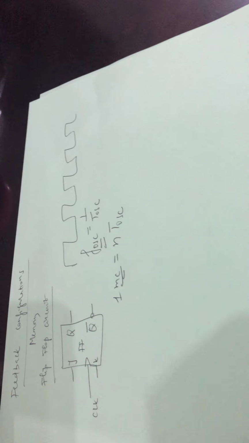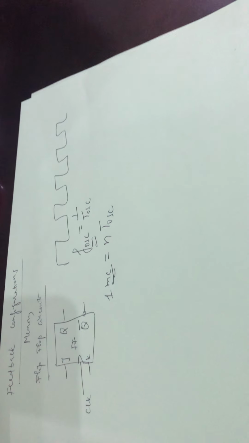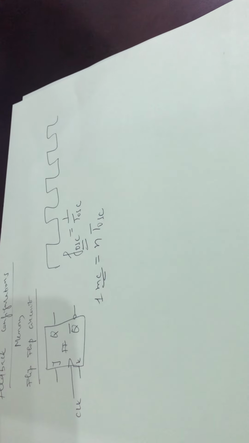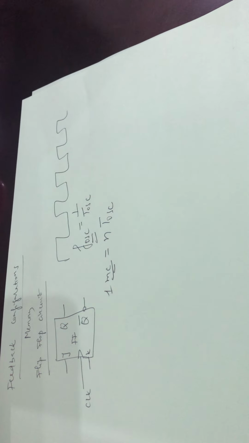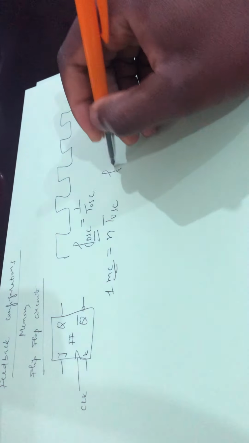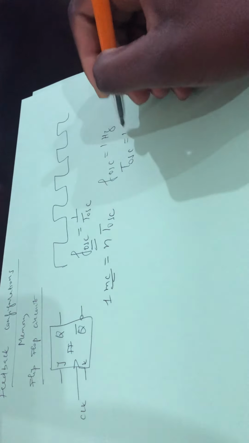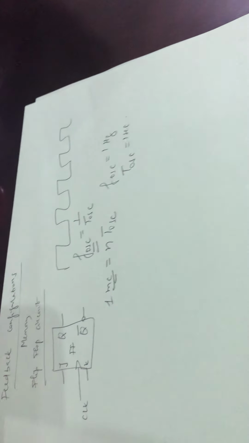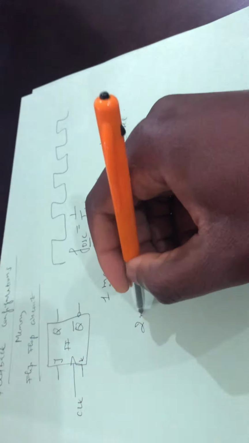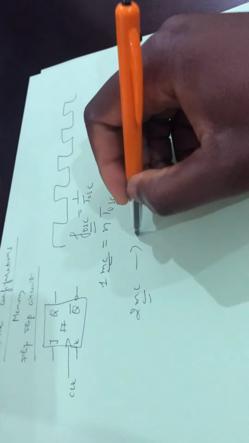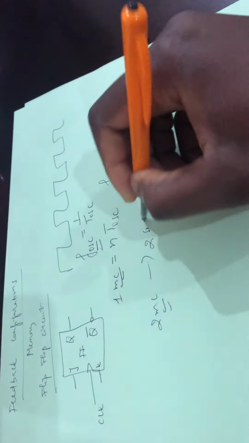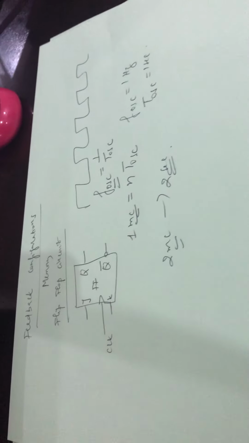Therefore, if an operation takes 2 machine cycles for the CPU to execute, and this CPU is interfaced with a clock, an oscillator running at a frequency of, let's say, 1 Hz, this is just an example, it's not very realistic, which means the period is 1 second, then that specific operation that takes 2 machine cycles to execute will take about 2 seconds to execute. So that's how the concept of time comes into play in any digital system.